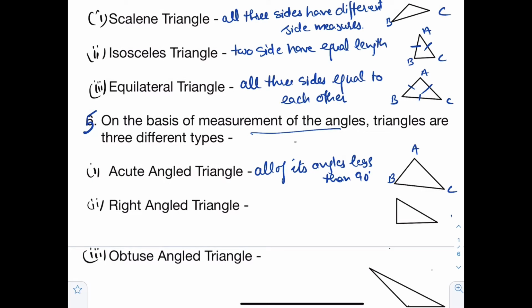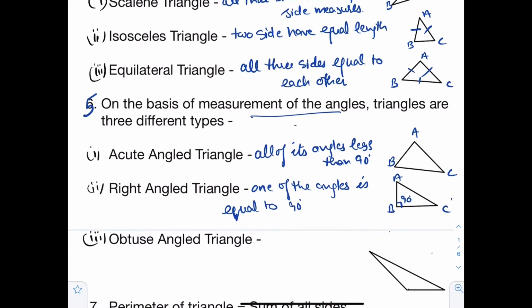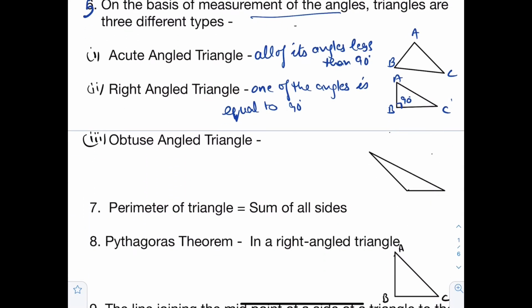Right angle triangle. In a right angle triangle, one of the angles is equal to 90 degrees. So any one angle should be 90 degrees, so this is 90 degrees. So this one is a right angle triangle. Now obtuse angle triangle.